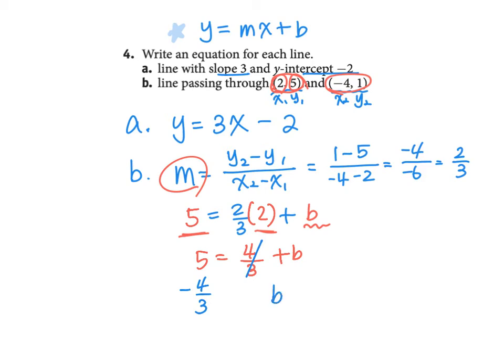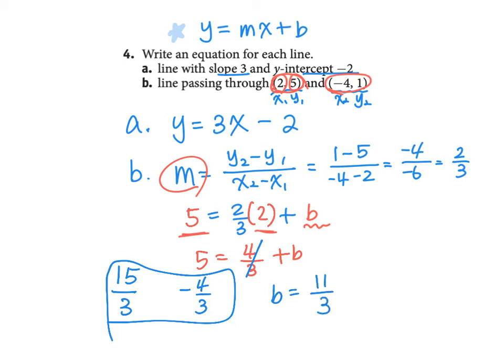So b: 5 means 15 over 3. You subtract those two, and that will give us 11 over 3. So the final equation is y equals m, 2 over 3, x plus 11 over 3.